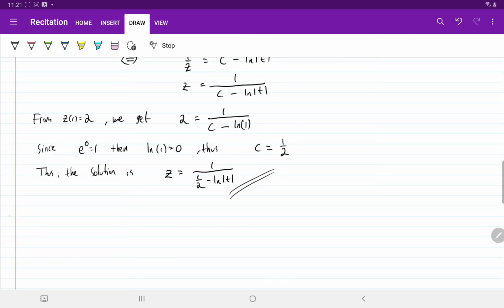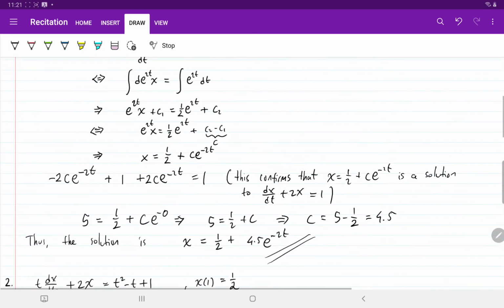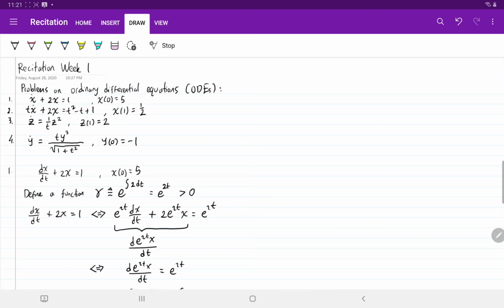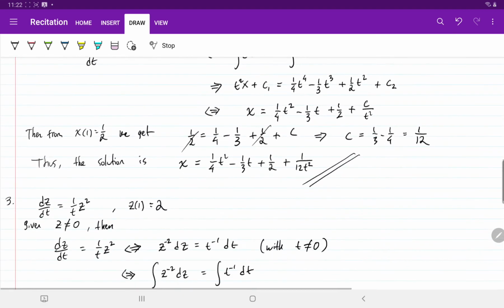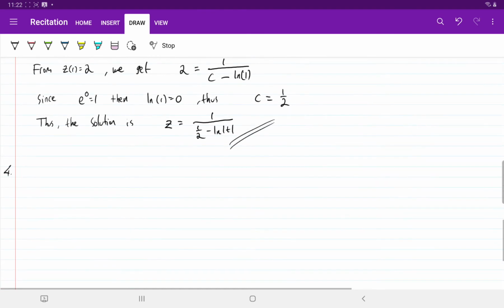Okay, the last problem, number 4, y dot equals ty cube over square root of 1 plus t square. All right, let's rewrite the problem.